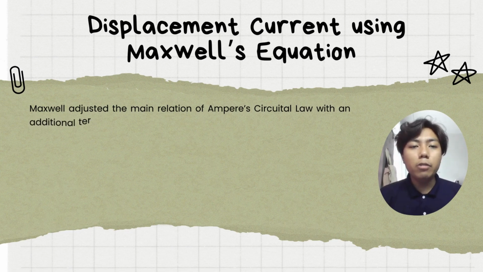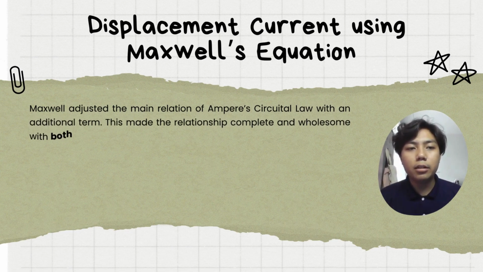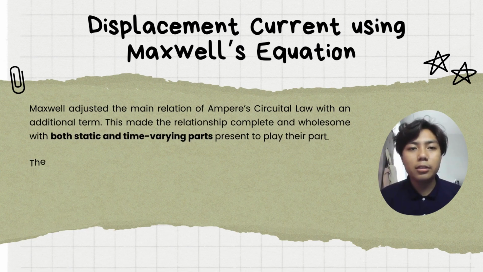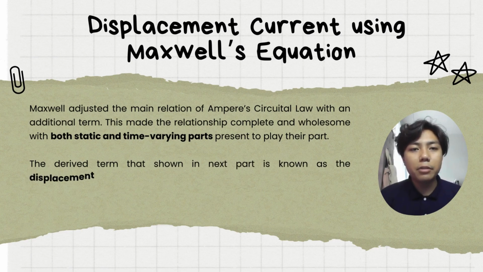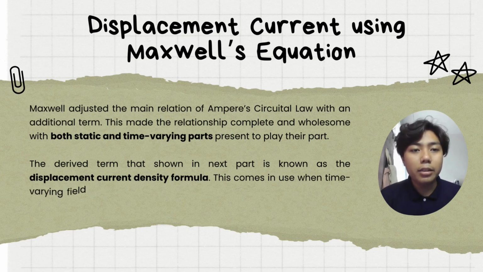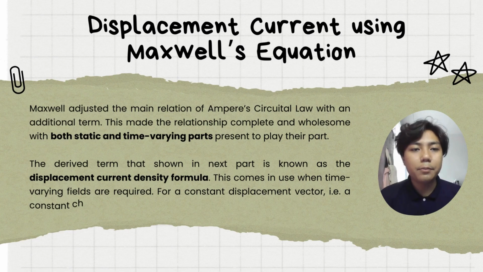Okay, now we move to the next part, which is the displacement current using Maxwell's equation. For the previous part, I have shown the history of Maxwell's equation. Now we want to learn more about the Maxwell equation by displacement current. Maxwell adjusted the main relation of Ampere's second law with an additional term.